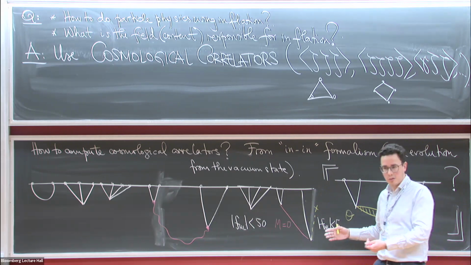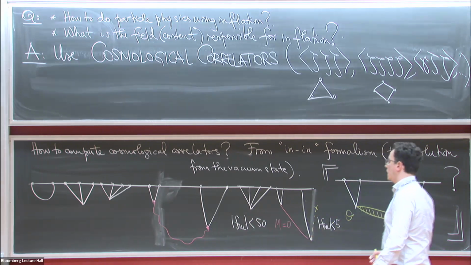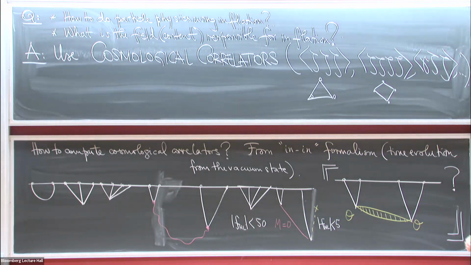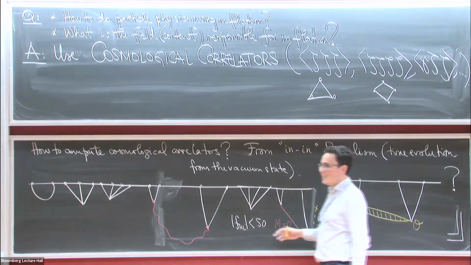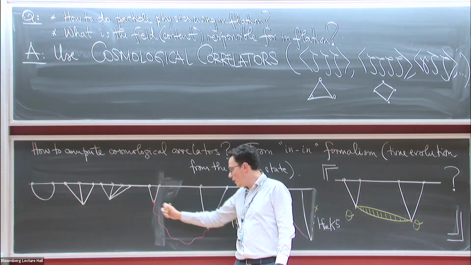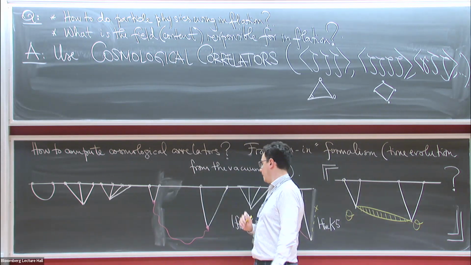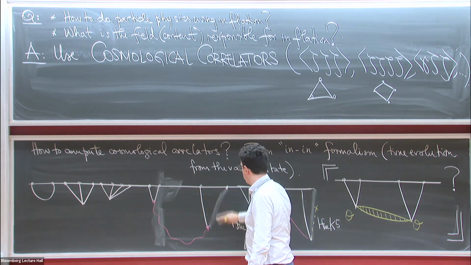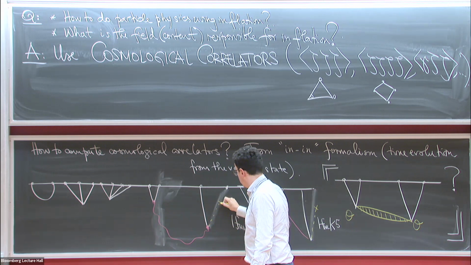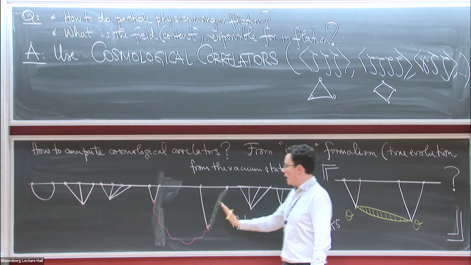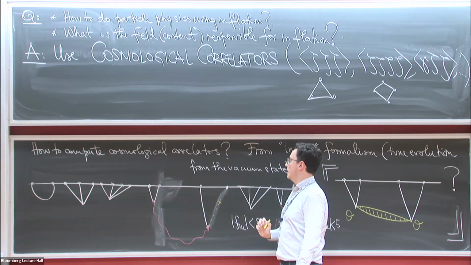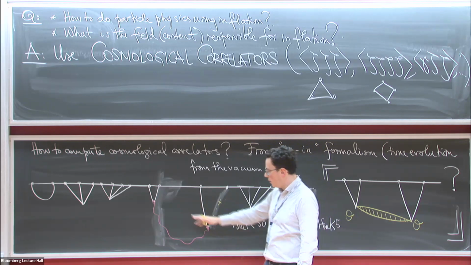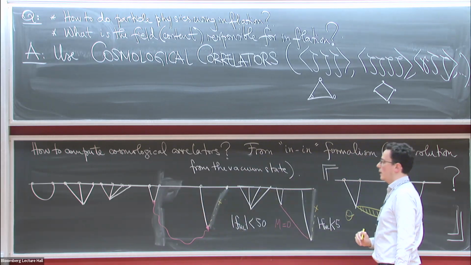So it looks like slow roll inflation. And for example, Juan, now many years ago, computed this diagram when you exchange the graviton. If you do the graviton 4-point diagram and put one of the legs on the background, you reproduce his answer.